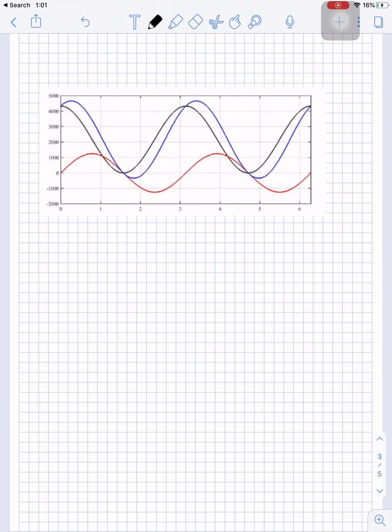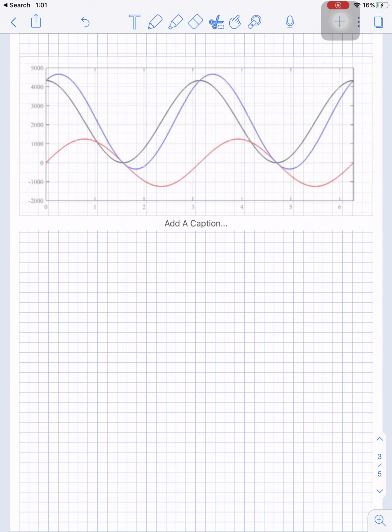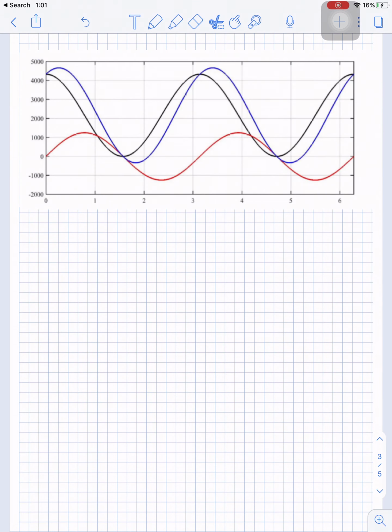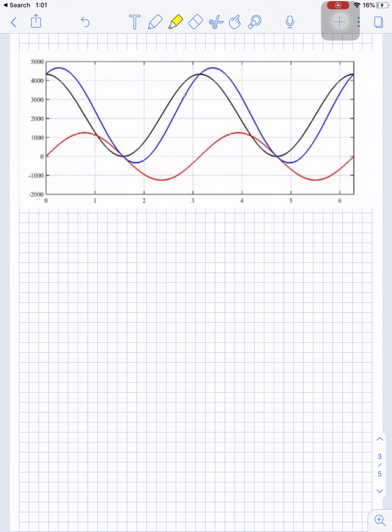Now let's have a look here. What I did here, I took this P of t using MATLAB, and I analyzed it using MATLAB into the two components. So this blue wave here is P of t.